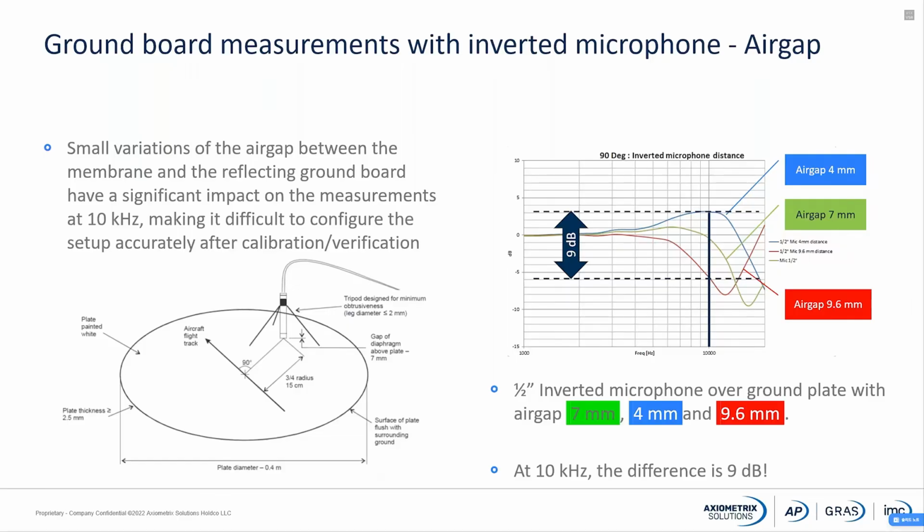You take your calibrator and lift off the microphone, because you can't really do the calibration when it is upside down. Then you have to fix it again with exactly this 7 millimeter air gap. If you miss that, you can't really trust your measurements. So it is very important that you fix it to 7 millimeter, not more, not less, just 7 millimeter.